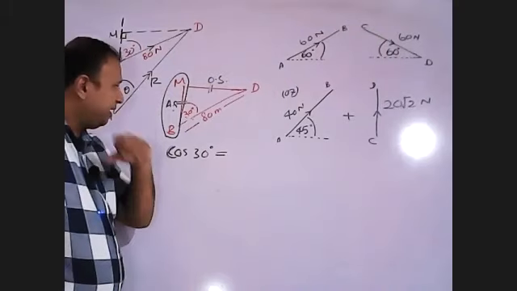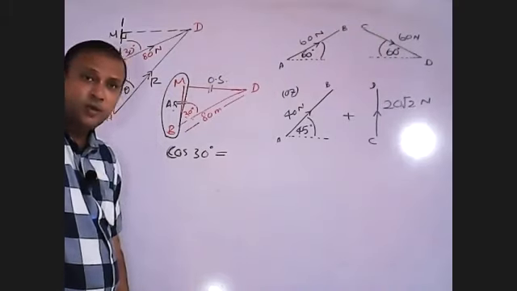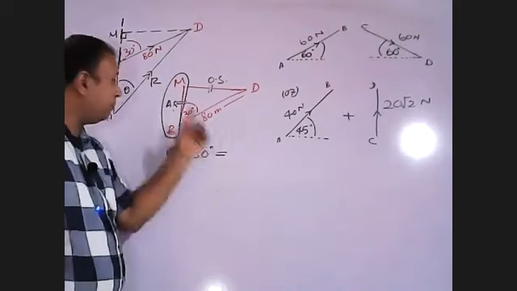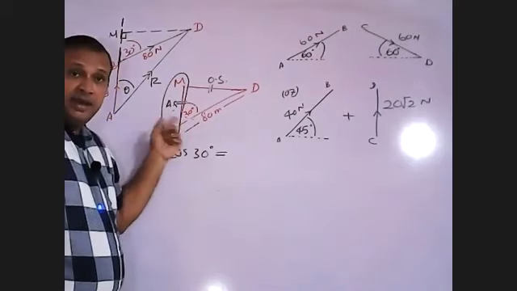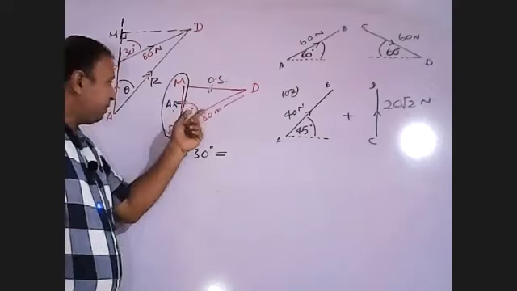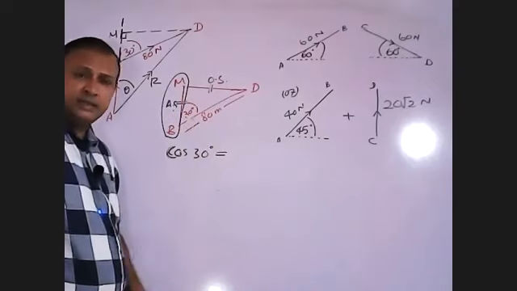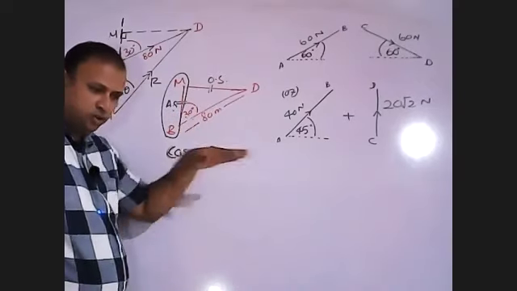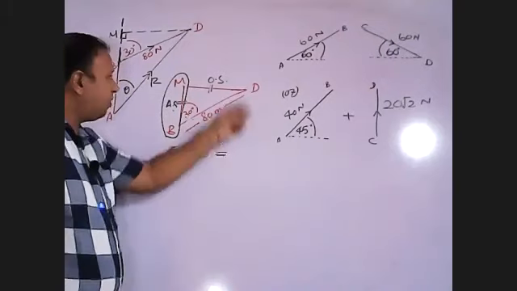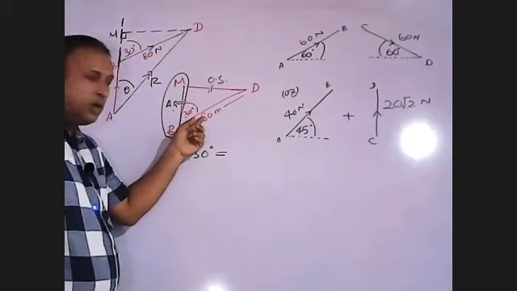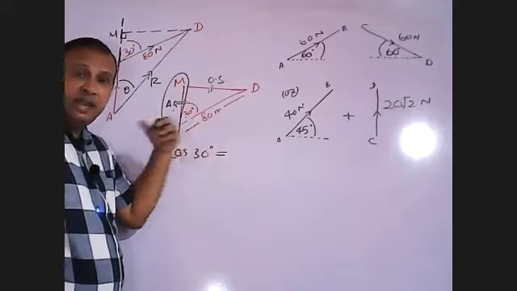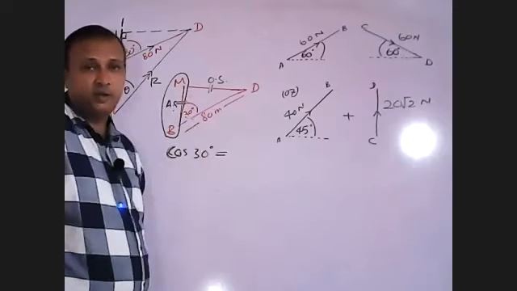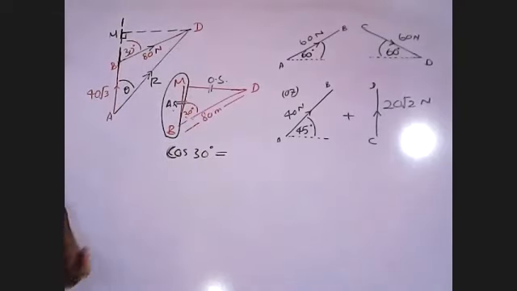So it should be either sin theta or cos theta. If you want to find the adjacent side with respect to the hypotenuse and another angle, then you should use cos theta. If you want to find the opposite side with respect to the given angle and the hypotenuse, you should use sin theta. That is a way of deciding.